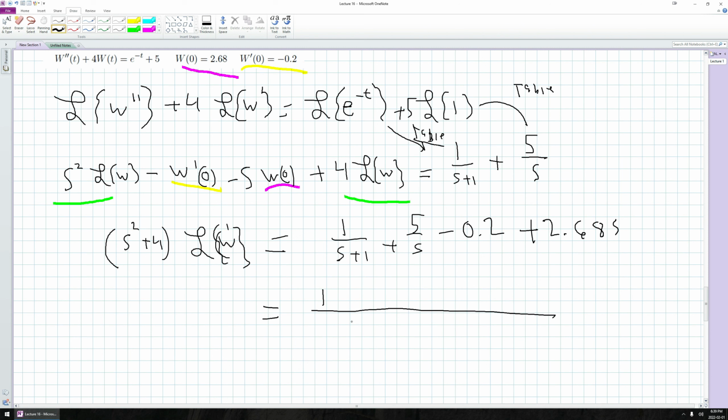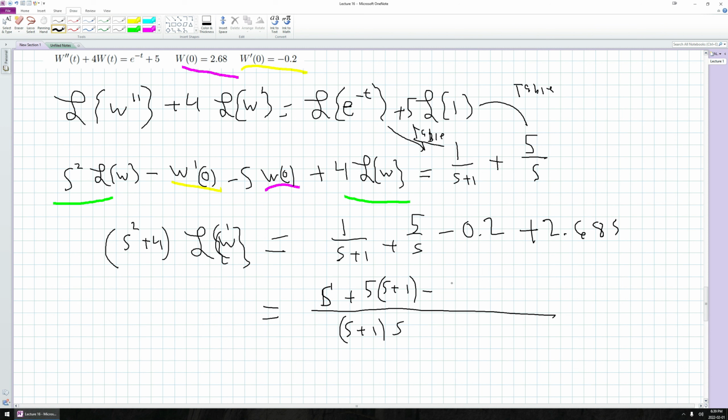Well, here I have s plus 1, and I have an s here, okay? So to get this term here, I need to have a 1 times s, or just s, sitting here. To get this, I have to have a 5 times s plus 1. And for these 2 terms, I need to multiply them both by s and s plus 1.